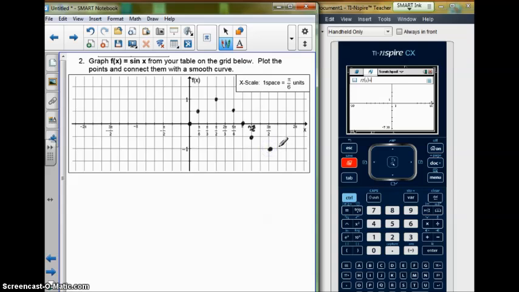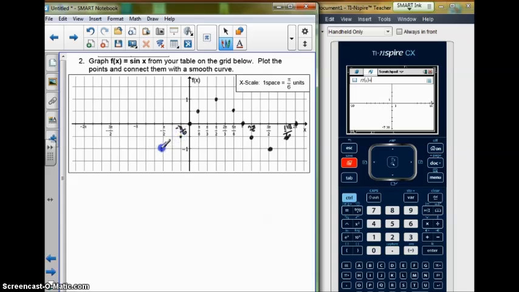Okay, then 11 pi over 6. Well, 7, 8, 9, 10, 11. Would be -1/2, and then back to 0. Okay, kind of going the other direction. Negative pi over 6 would be here. So we get -1/2.